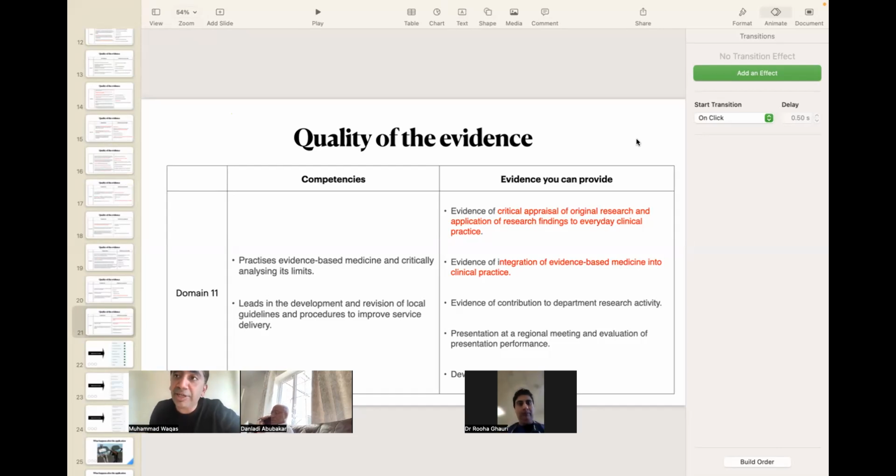So triangulation is a collection of evidence from different sources. Don't give them only logs or only procedures; give them different pieces of evidence such as letters, certificates, reflections and logs. Different formats, basically. That is triangulation.